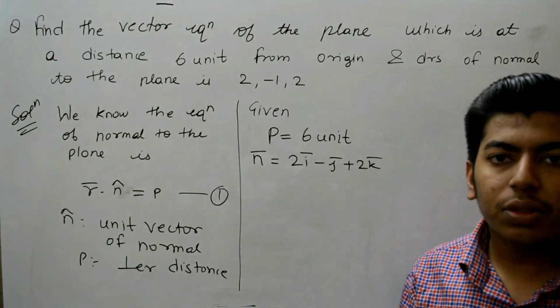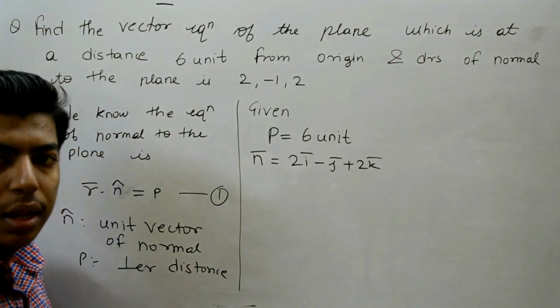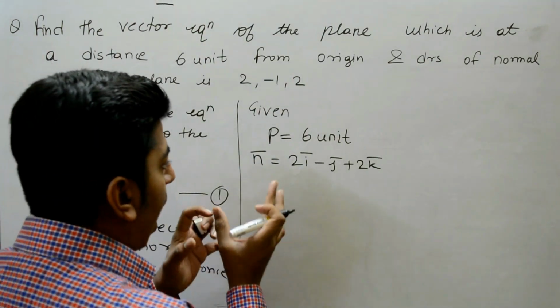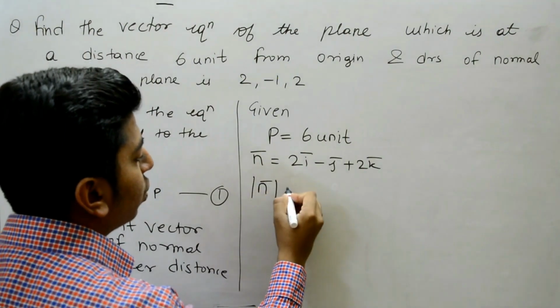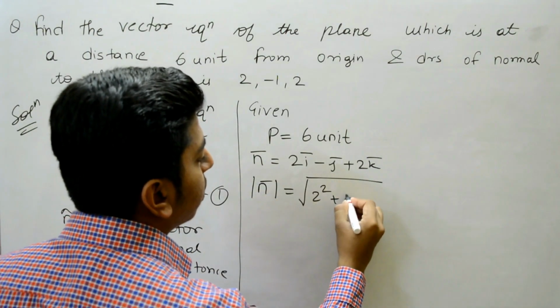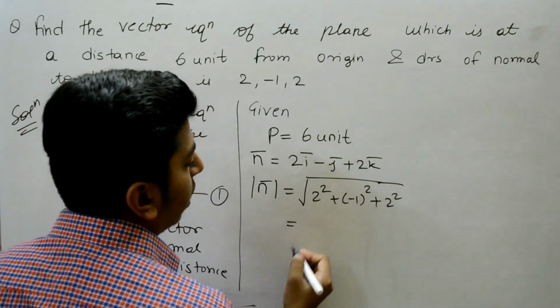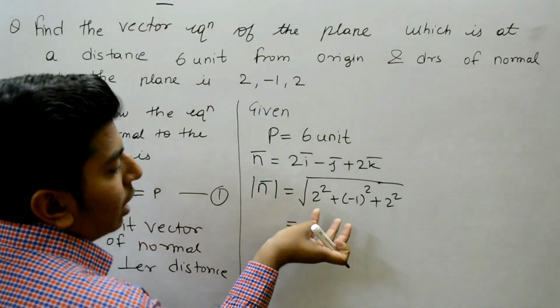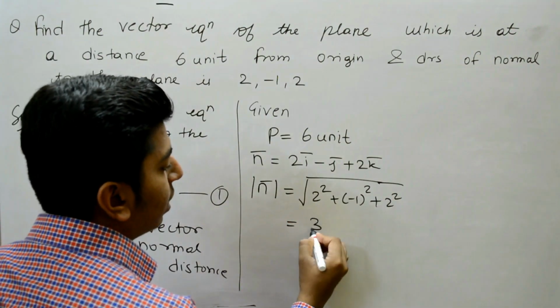So to find out the N cap, we have a method: we have to find out the magnitude of this. The magnitude is equal to under root of 2 square plus -1 square plus 2 square, that is 4 plus 4 plus 1, that is root 9, that is 3.